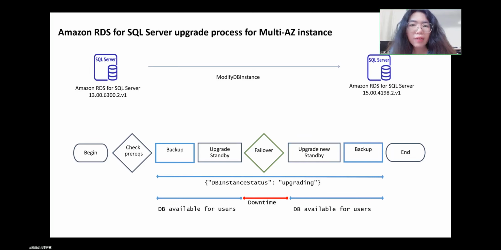After the upgrade is completed on the standby, RDS initiates automatic failover. Next, the new standby will be upgraded and rebooted. There is only one failover during the upgrade, in other words, no failback will be initiated to the former primary.